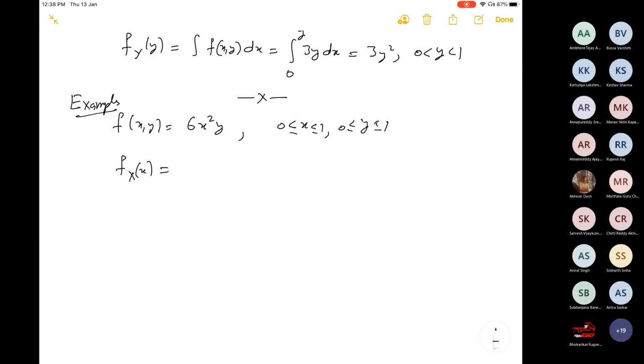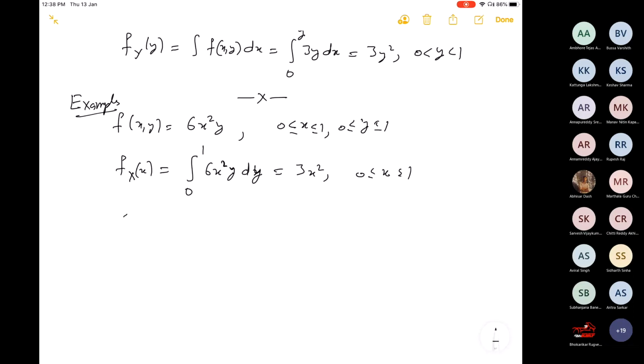Can anyone find out what the marginal distribution is? Three x square. Yes. So this is 6 x square into y square by 2, and that is 1 by 2. Therefore it is 3x square, x between 0 and 1.